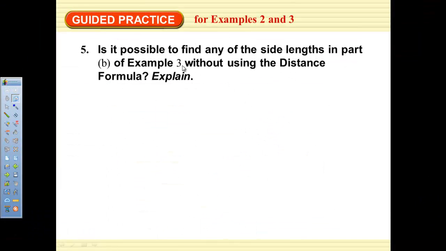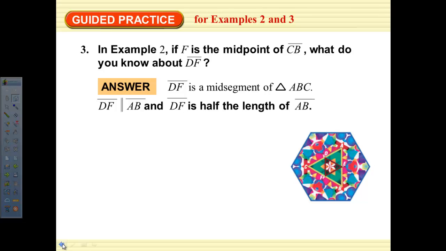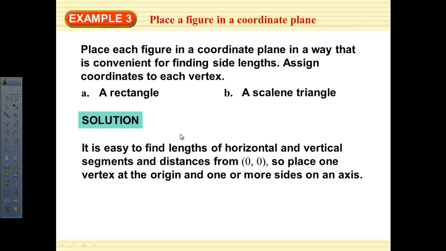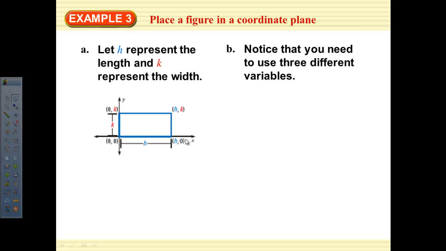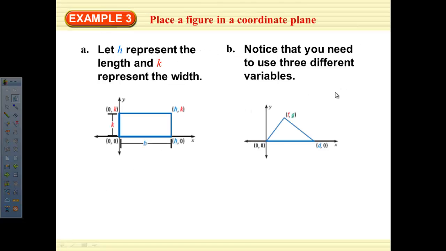Alright, so it says, is there any way of using the side lengths in part B of example 3 without using the distance formula? So if we go back to example 3, for the rectangle, let's go back to it one more time. So part B of example 3, would we be able to find any distances without using the distance formula?